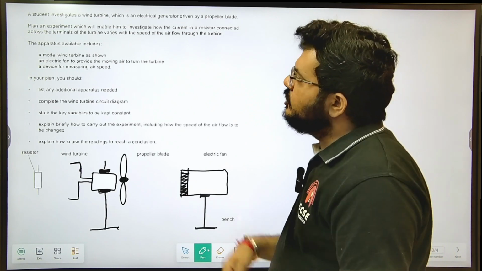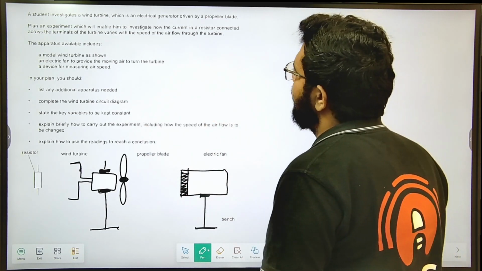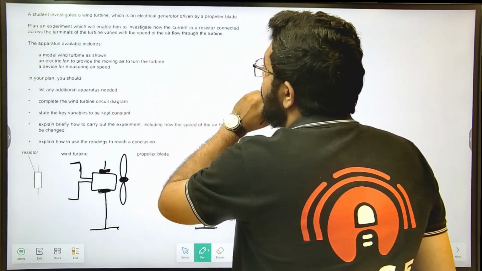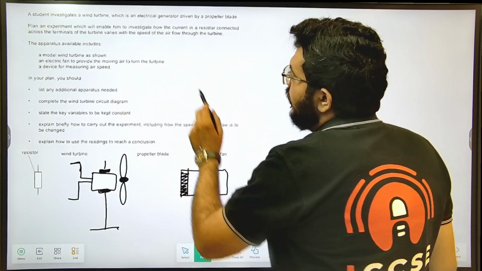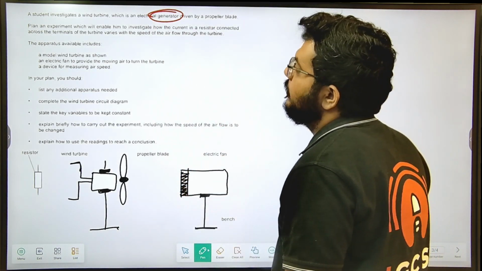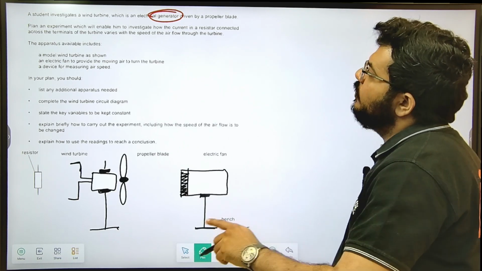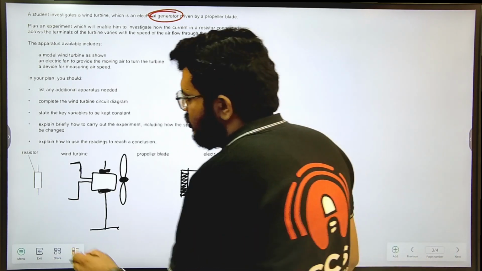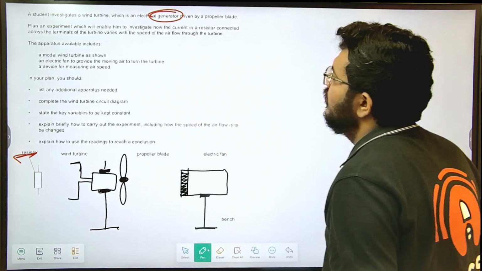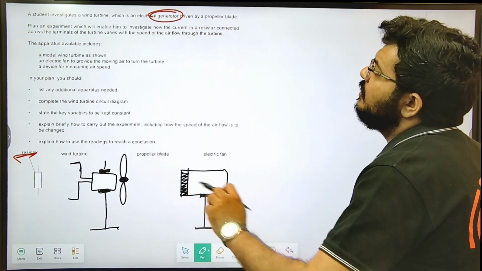A student investigates a wind turbine, which is an electric generator, driven by a propeller blade. So it is a generator and it is driven by a propeller blade. Plan an experiment which will enable him to investigate how the current in the resistor connected across the terminal of the turbine varies with the speed of the airflow.